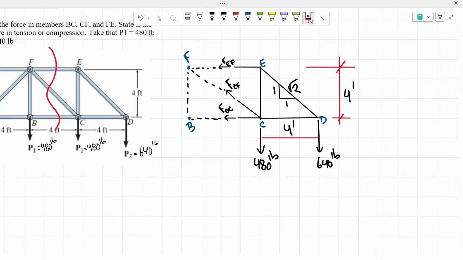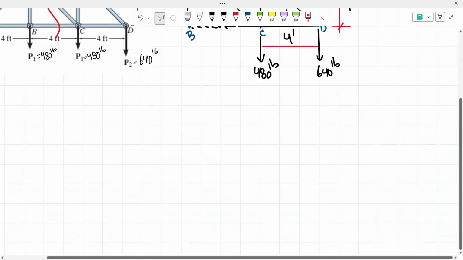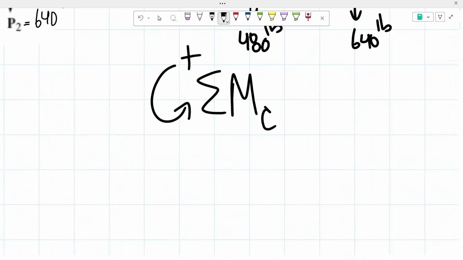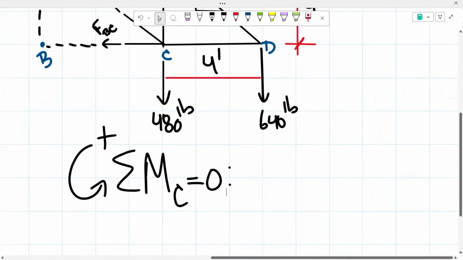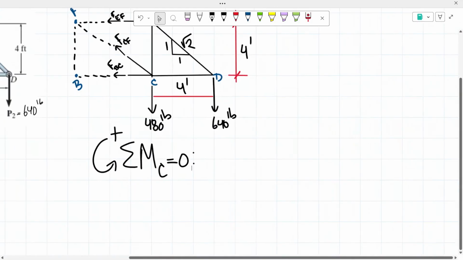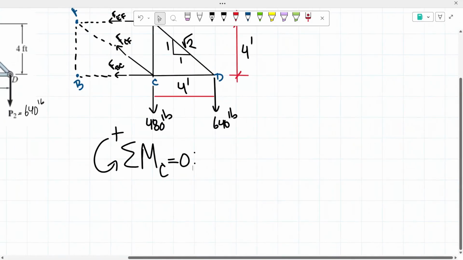So the only two forces that are going to be creating a moment would be the 640 pounds and the force of the bar EF, meaning that we could use that to solve for this bar. So while taking the sum of the moments about point C, we know that has to equal 0. So we said that we're only going to have two forces creating a moment. Remember that moment is equal to the force times the distance.